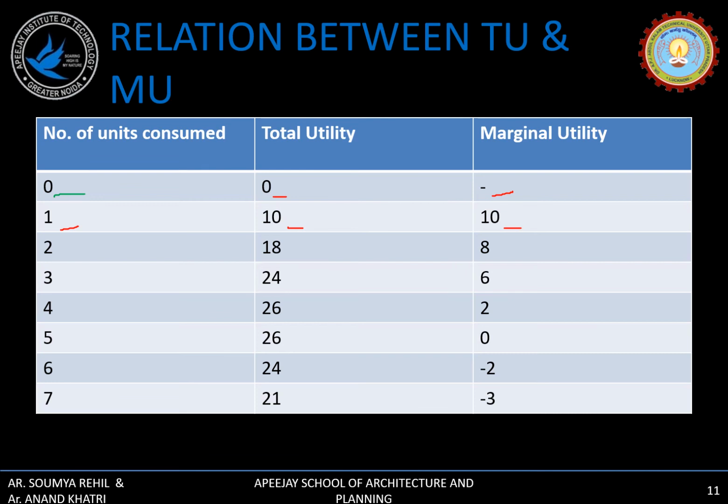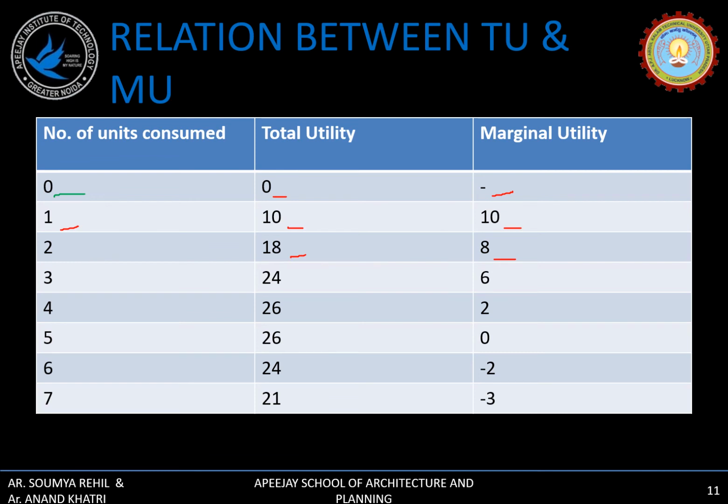When they served you the second chapati, after its consumption, you may not have gotten the same amount of satisfaction from the second chapati as from the first one, because you were not as hungry anymore. So, from the second chapati, you may have gotten a satisfaction of 18 utils. So, your total utility is 18, and your marginal utility becomes 18 minus 10, that is 8 utils.